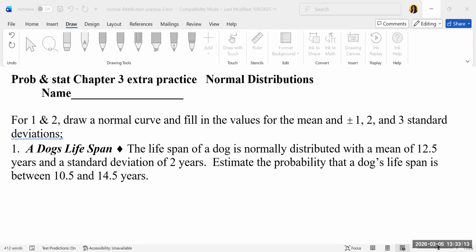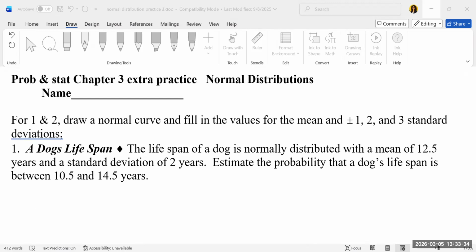If I'm told to draw a normal curve and show the mean, the mean is the line of symmetry. The mean divides the normal curve into two congruent parts.